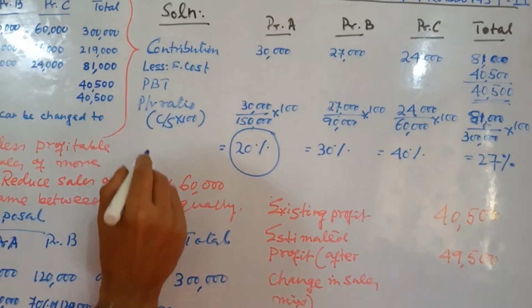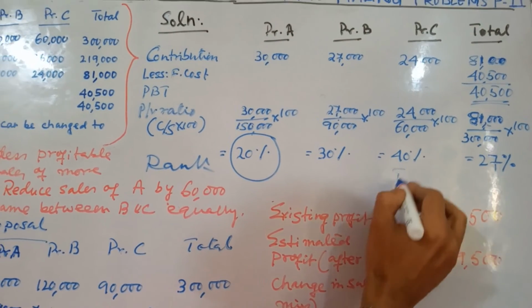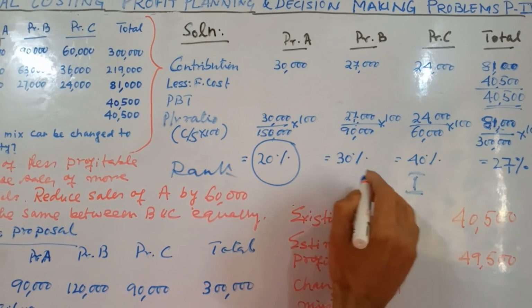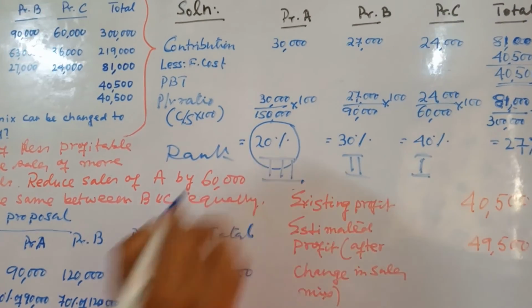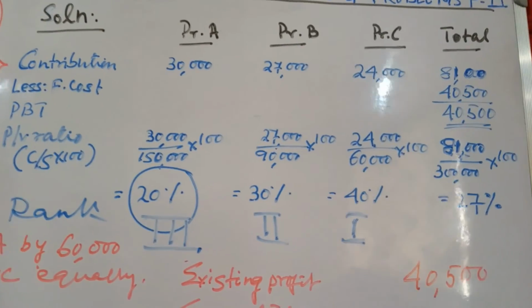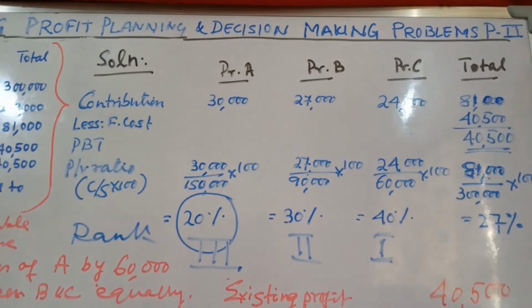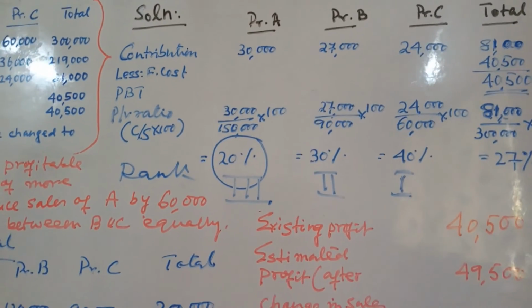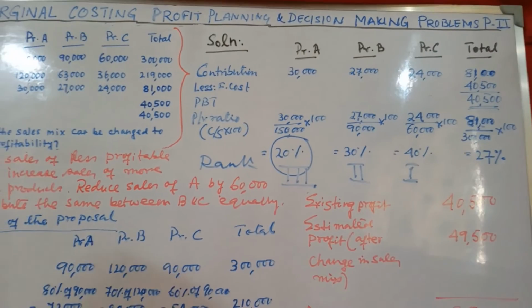You can also rank the products, that is, first is C, B is second and A is third. So as per contribution margin, product C stands first, followed by product B and product A.